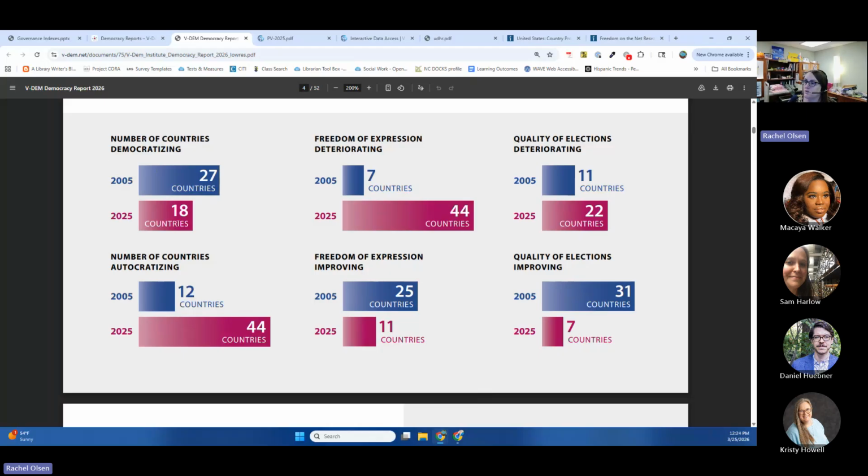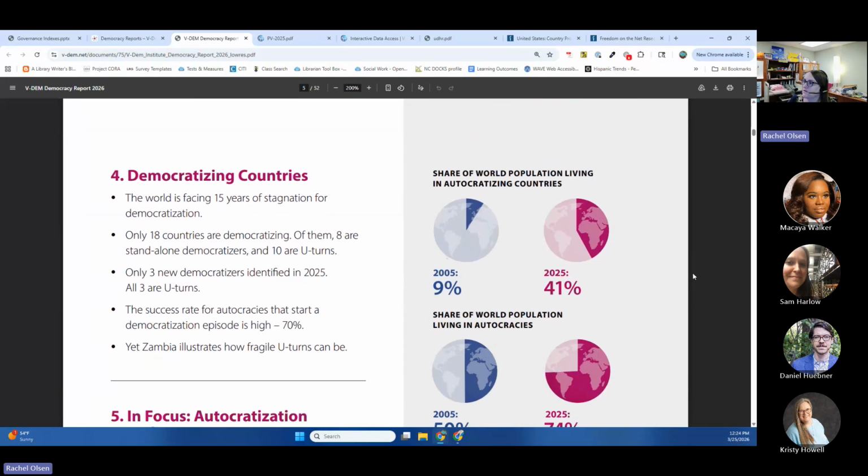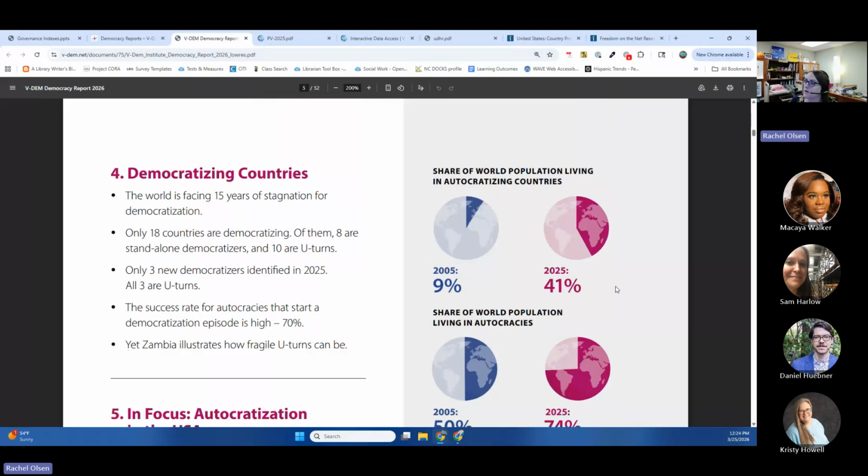You can see in the last 20 years, they're giving you some general overviews. You can see the share of the world's population that lives in what is considered an autocracy. In 2005, by their standards, 9% of the people in the world lived in an autocracy, whereas in 2025, 41% of the world population lives in an autocracy.